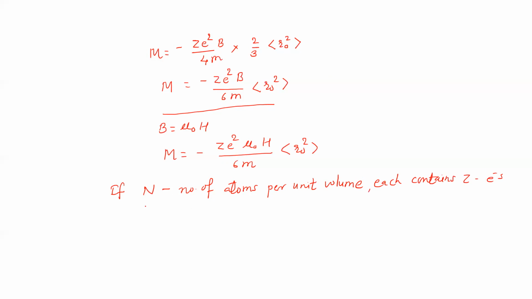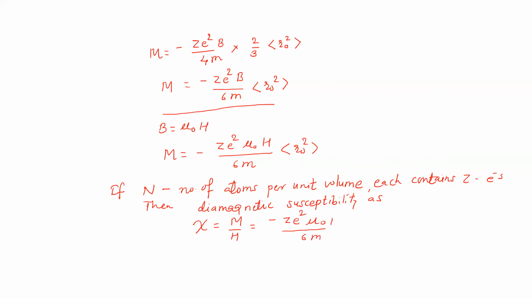Then we can write the diamagnetic susceptibility as chi is equal to m by H is equal to minus Z E square mu 0 divided by 6m. I have to multiply here by n because I have taken n number of atoms in the solid, into the average value of R0 square.